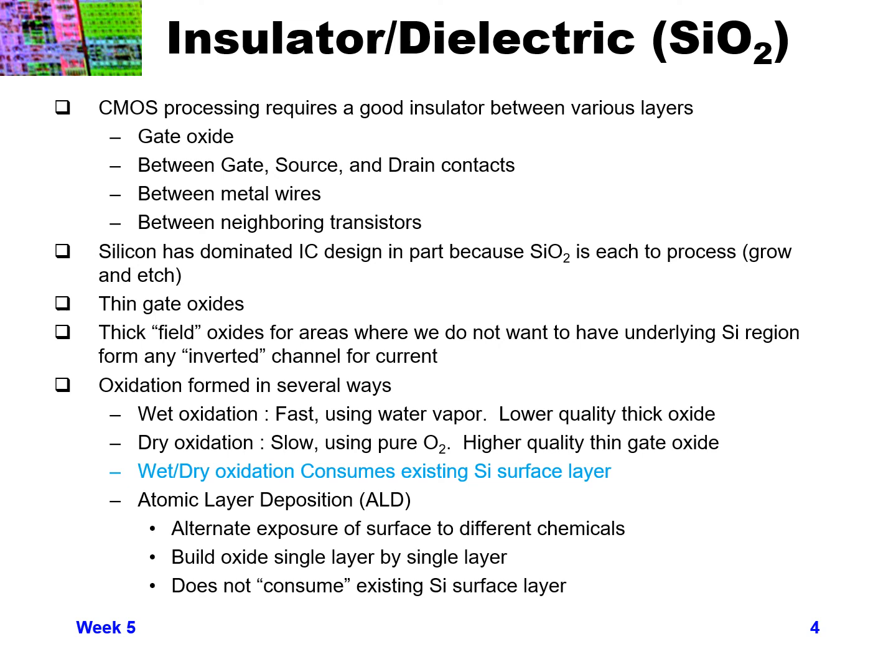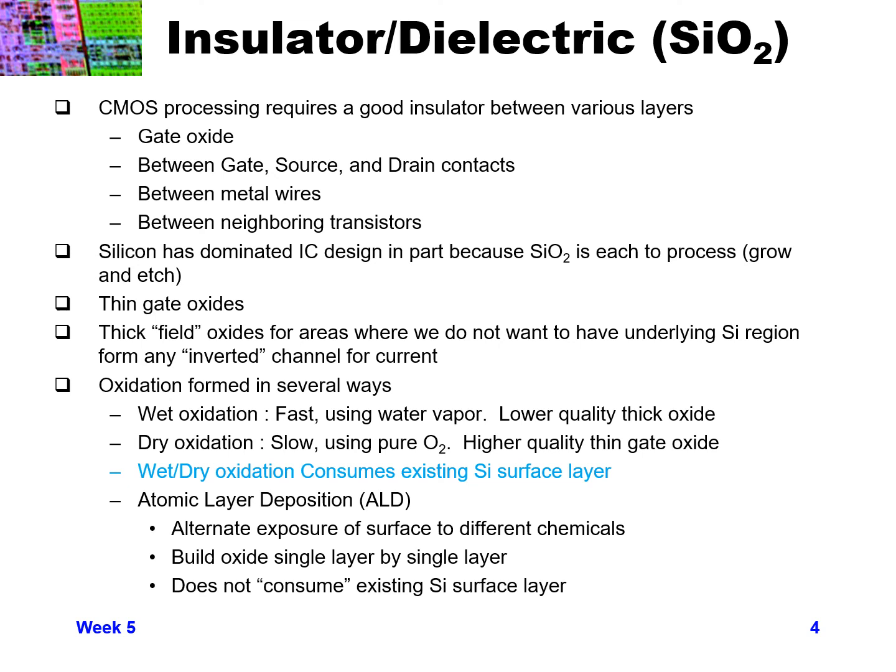You need to have a really good dielectric there in order to make sure your gate functions well. So silicon processing does require a good insulator between your various layers, your gate oxide, your gate, source, and drain contacts. The better insulation you have between them, the faster your transistors are going to be, between all your metal wires and between neighboring transistors.